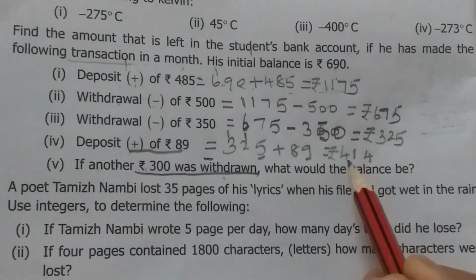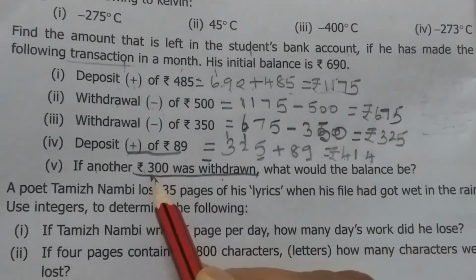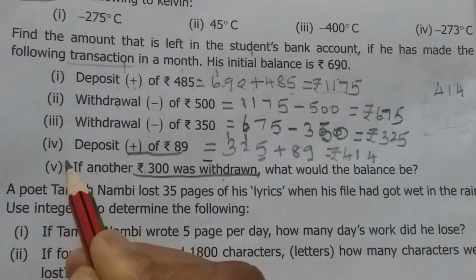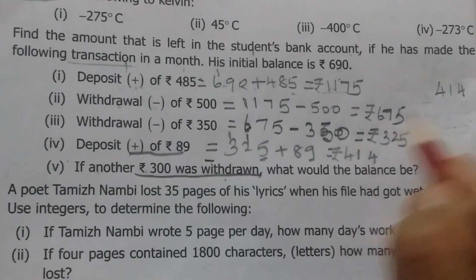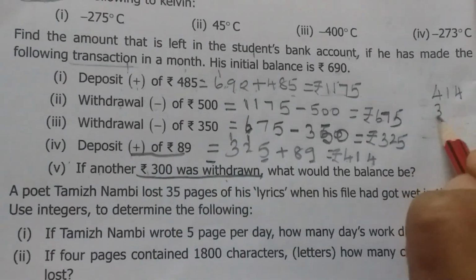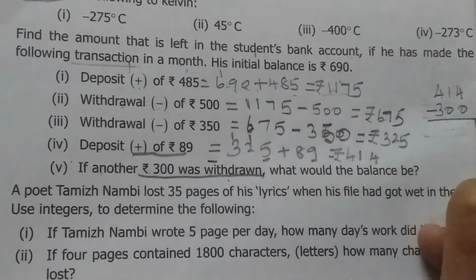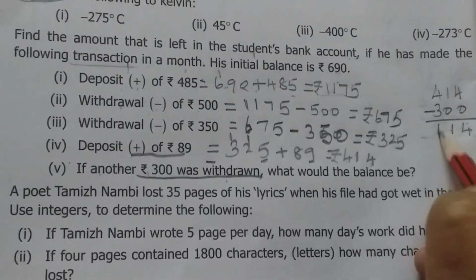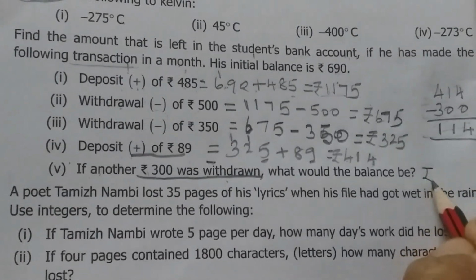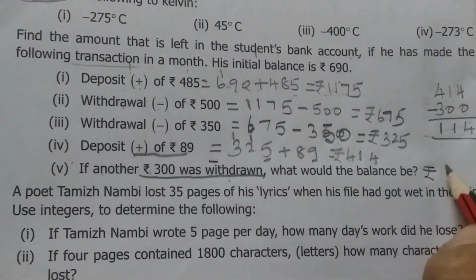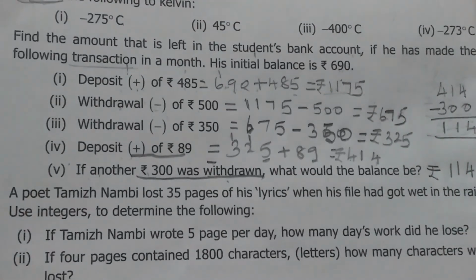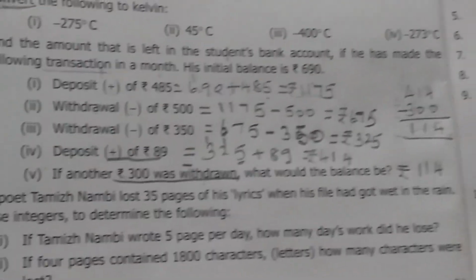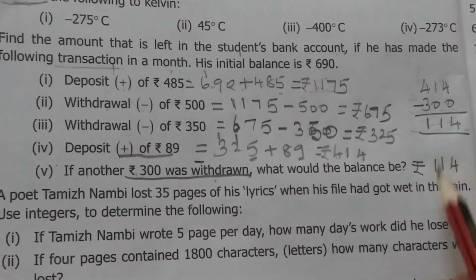From 414, which was the balance after the fourth transaction, we have to subtract 300. 4 minus 0 is 4. 1 minus 0 is 1. 4 minus 3, 1. So what is his final balance after 5 transactions? Rupees 114 was the final balance in his account.